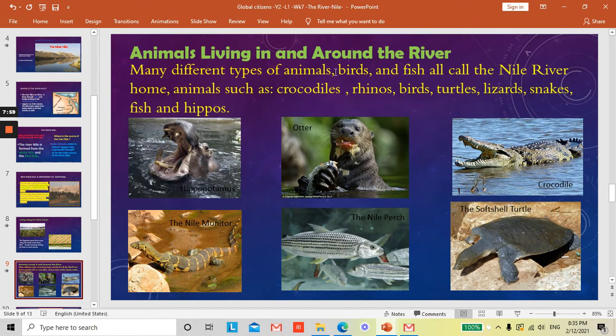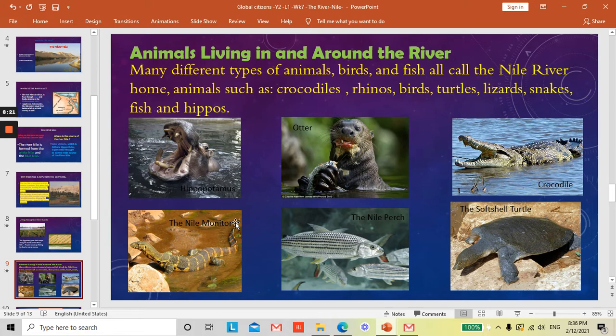Animals such as crocodiles, rhinos, birds, turtles, lizards, snakes, fish, and hippos.